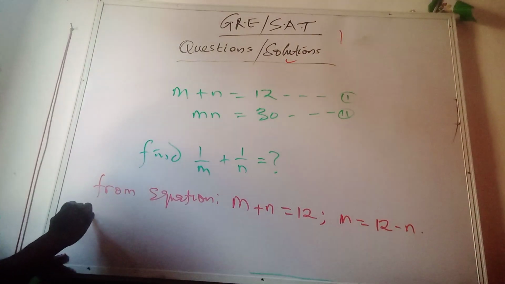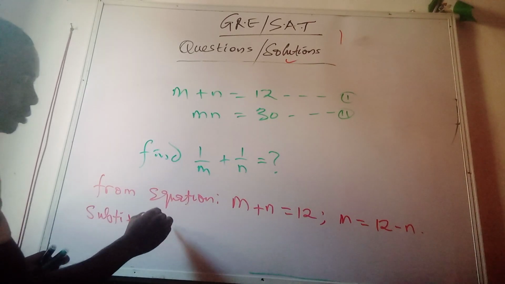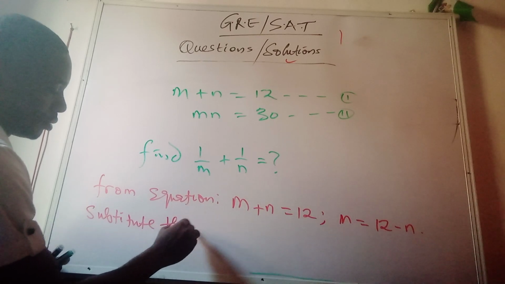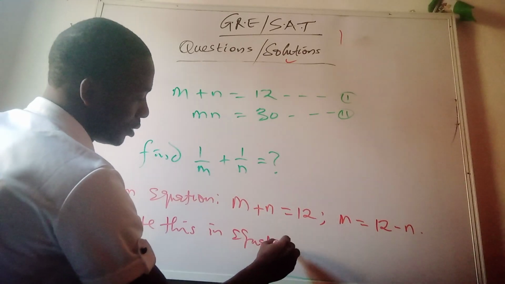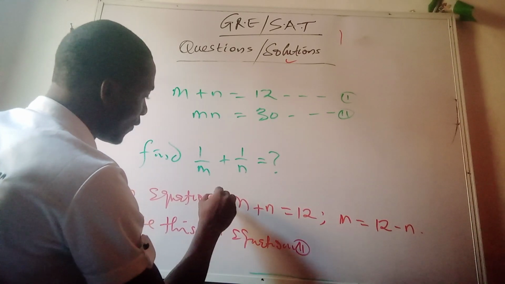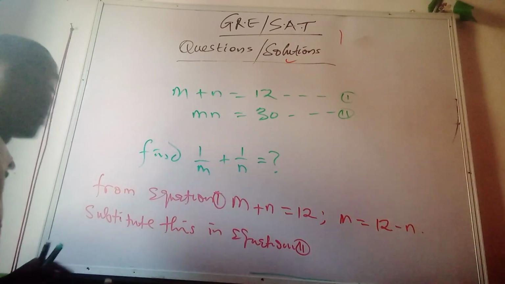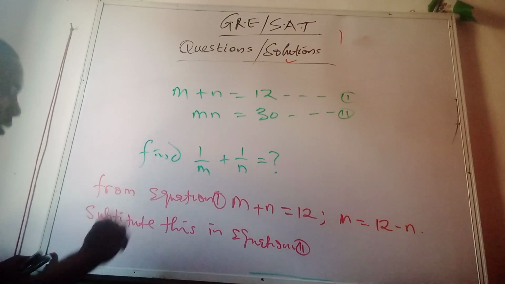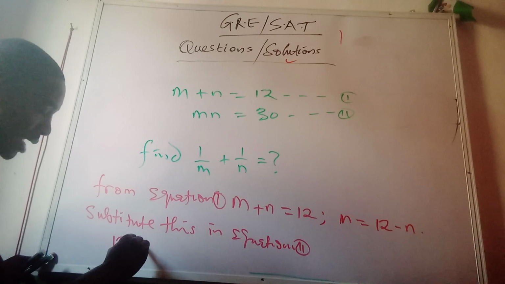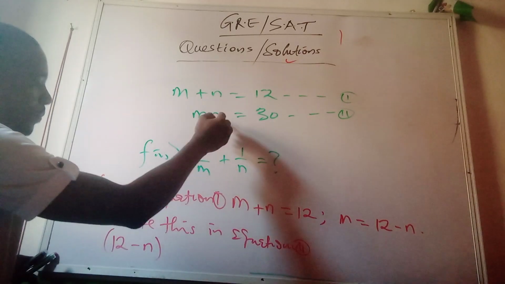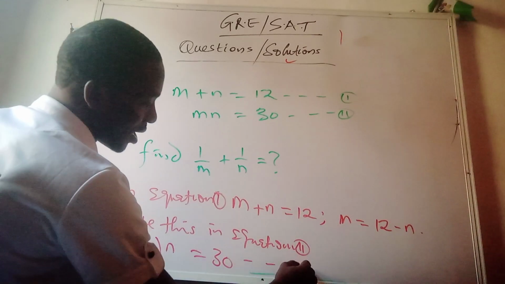If I have that, substitute this in equation 2. So we are substituting in equation 2, and that will give us what? We have known the value of m. That's going to give us 12 minus n, multiplied by n, equal to 30. So we have this now. We can call it equation 3.